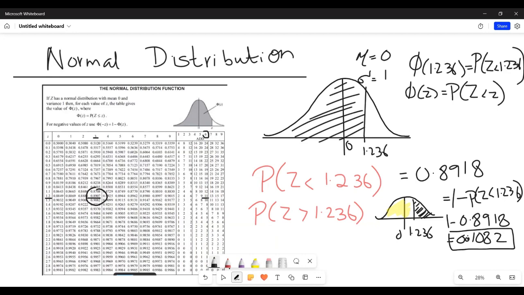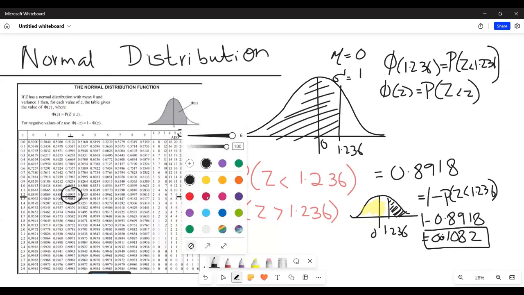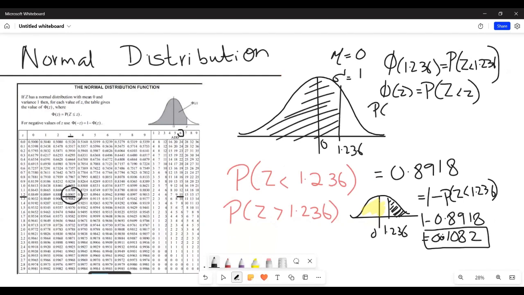All right. Now, so that means generally, if you're asked to find probability Z is greater than some value X, let's say, then that would be 1 minus probability Z is less than X. And you can read this from the table.